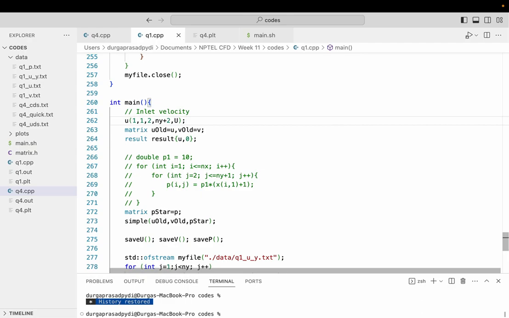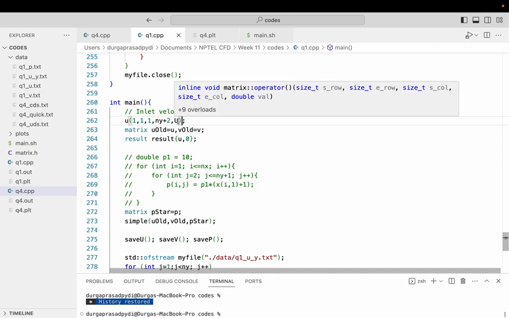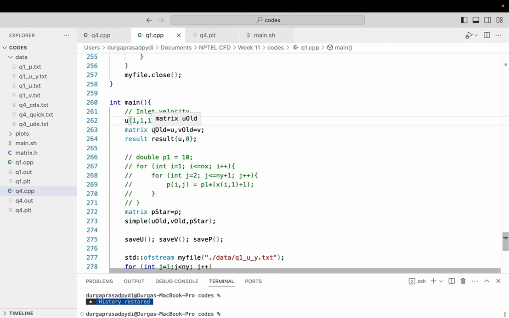So maybe I can write 1 to ny plus 2. On the west boundary, you take your inlet velocity as u. These are initial guesses you give, but by now I think you are familiar with the technique that SIMPLE doesn't actually give much preference to your initial velocity, because that vanishes after one iteration. However good a guess you give, that goes off in SIMPLE.